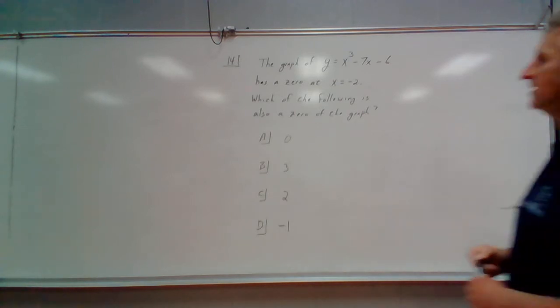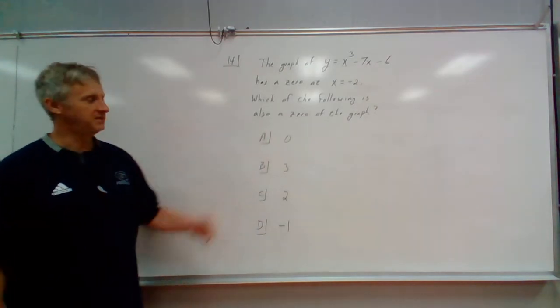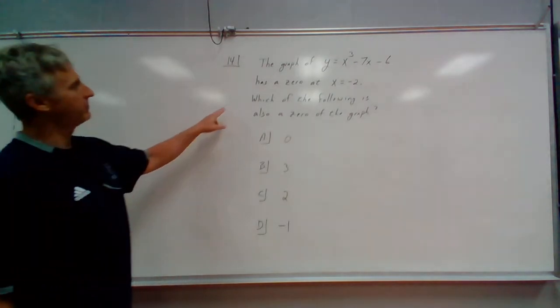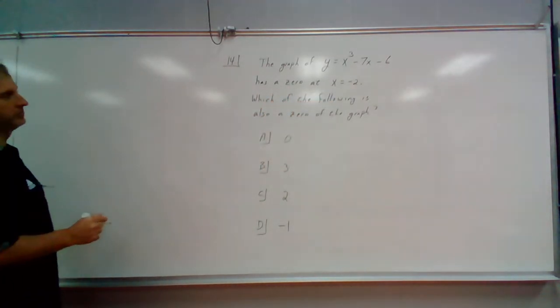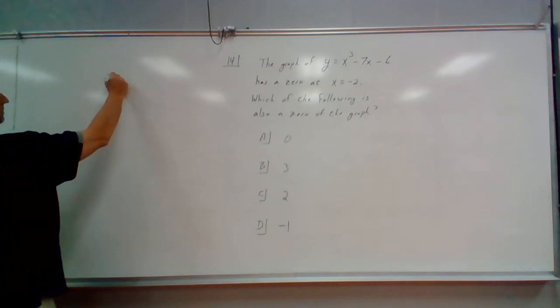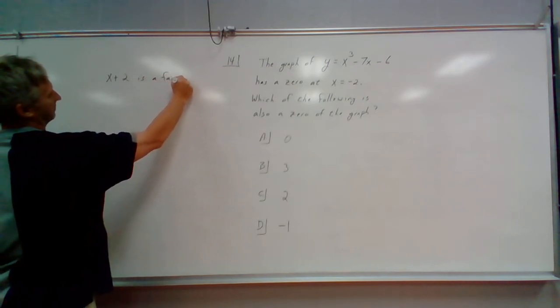All right, so let's work through this and let's pretend like they didn't give us any answer choices to choose from, that we had to figure it out. So we know that one of the roots is x equals negative 2. So I know that x plus 2 is a factor.